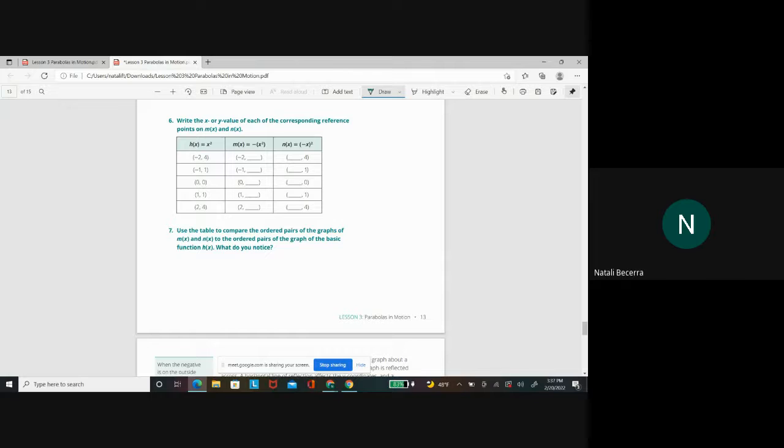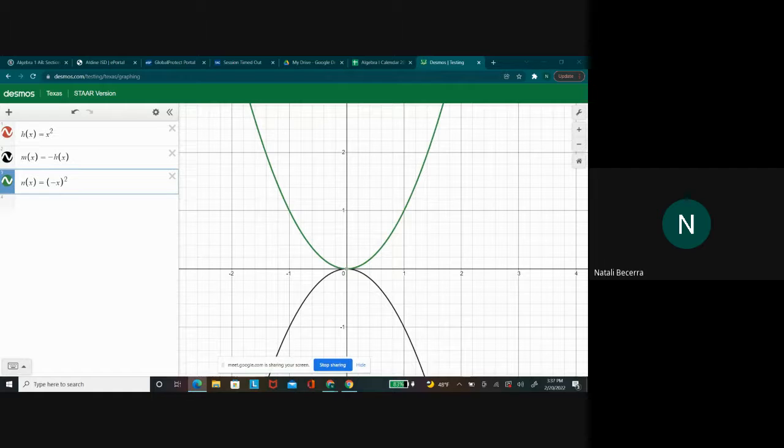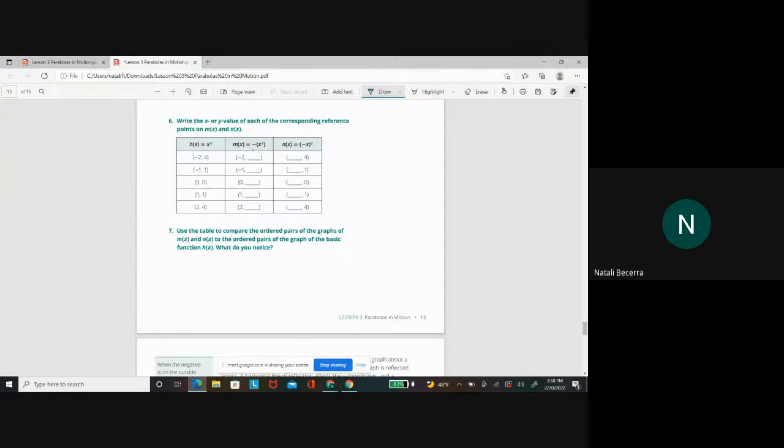Write the x or y value of each of the corresponding reference points on m(x) and n(x). So right here we have (-2, 4), and then the transformation was a vertical reflection, or a reflection across the x-axis.